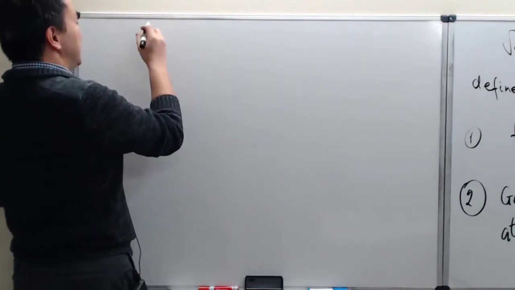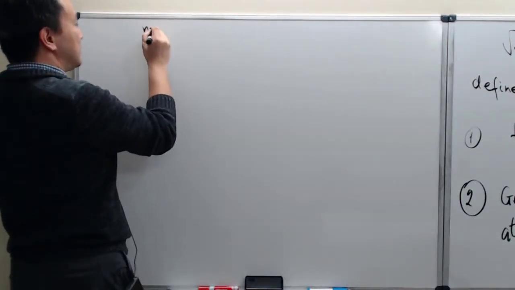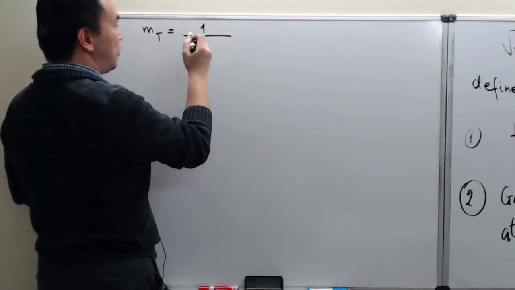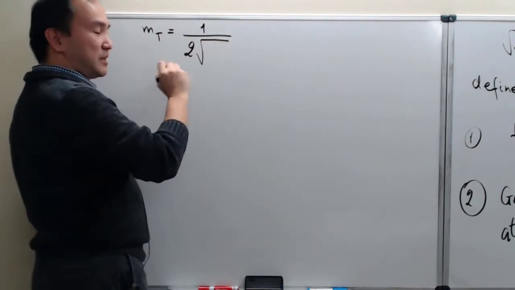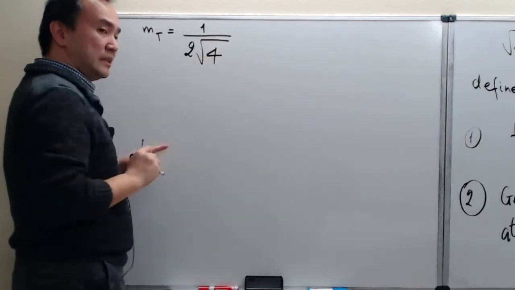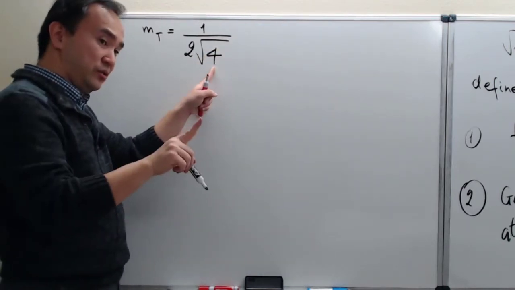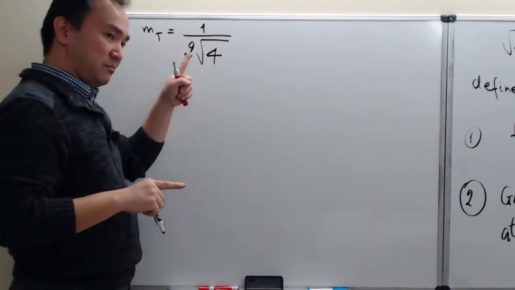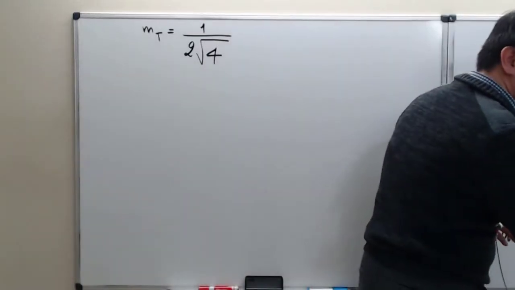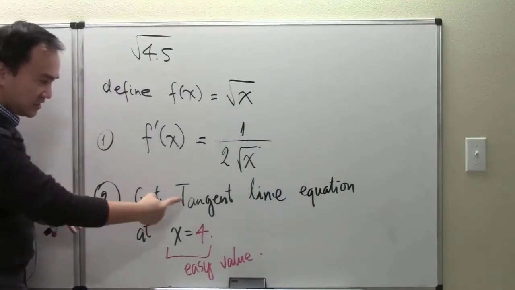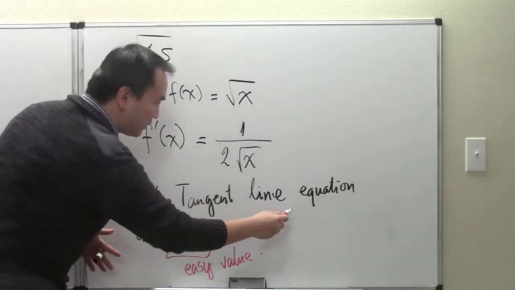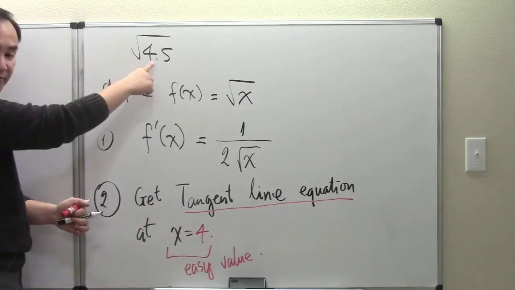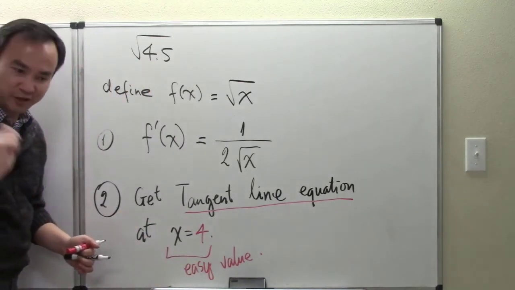So that means the slope of the tangent line comes from your derivative, which is 1 over 2 square root of x, but now I'm going to substitute in 4. The easy value goes into your derivative to get the slope of the tangent line, because, as I was also being clear earlier, we want to get the tangent line equation at this easy value, not at 4.5, not at our main target.